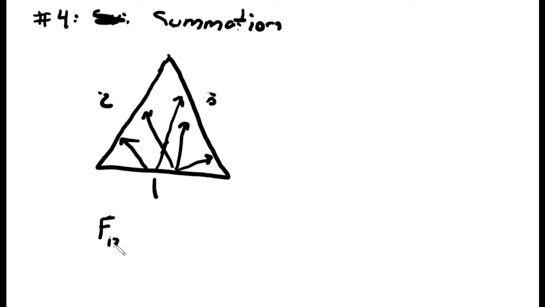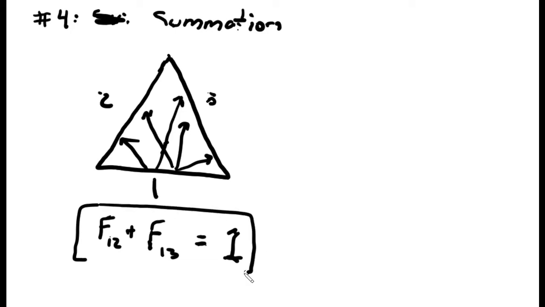So remember that the view factor from 1 to 2, for example, is just the amount of heat that hits 2 from 1 divided by the amount of heat leaving 1. And the view factor from 1 to 3 is just the amount of heat leaving 1 that will hit 3. Well, the amount of heat leaving 1 only hits 2 and 3, which means if we add those view factors together, we have to get 1.